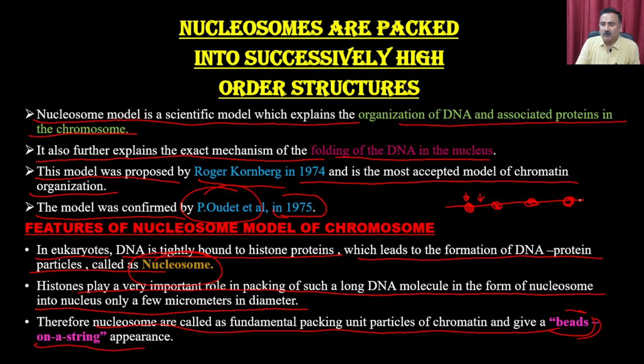So it is going to be folded like this, and that's how you are going to have beads, and then it's going to be folded like this, and that's how it is going to keep condensing, and that's how you're going to have the higher organizations of the packaging.